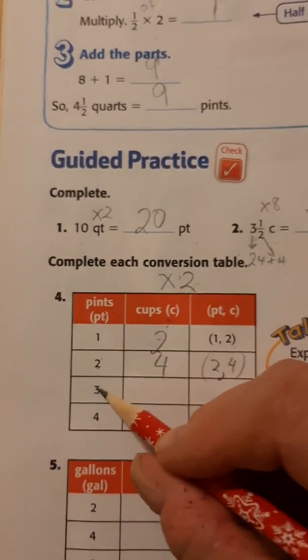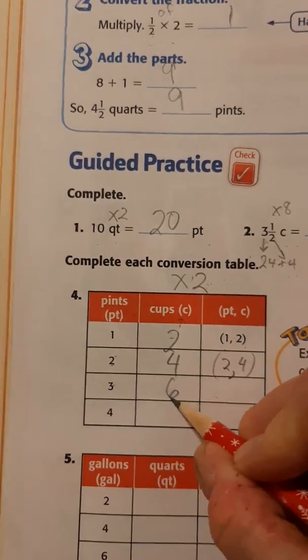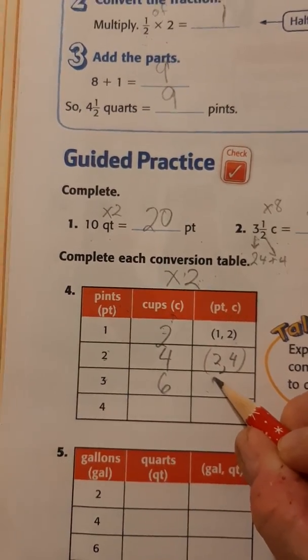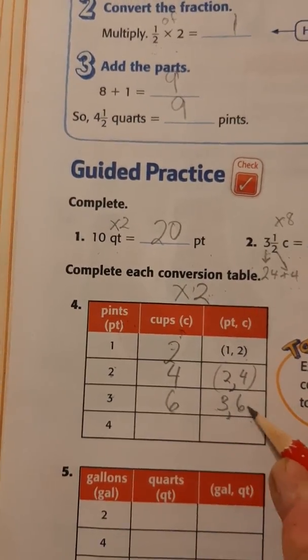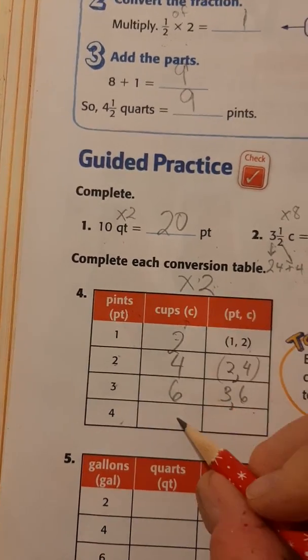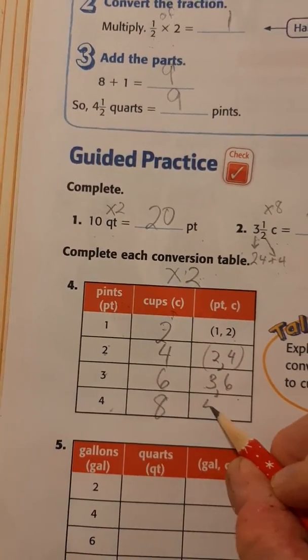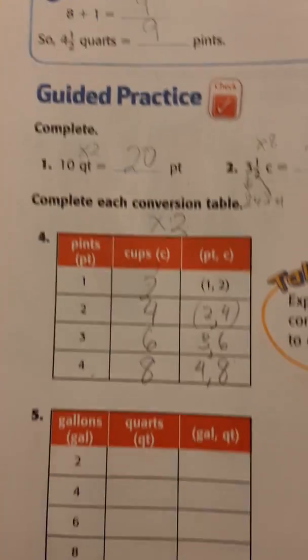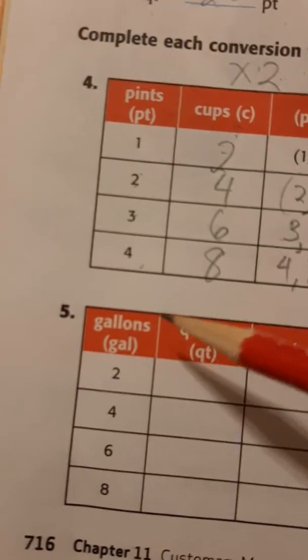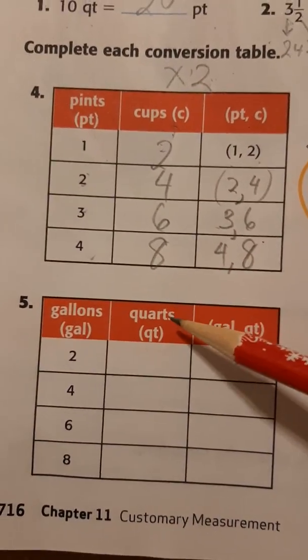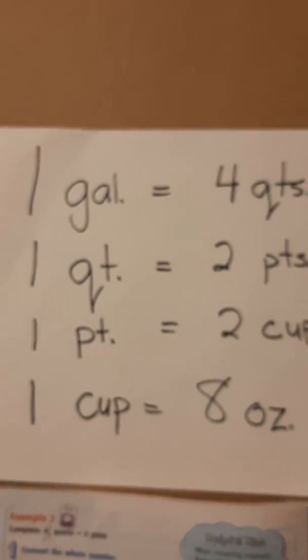Okay, if you finished it, remember 3 times 2 is 6. You're going to write 3 pints to 6 cups. 4 times 2 is 8. 4 and 8. Now let's take a look at the next chart. You're going to do gallons to quarts. So look at your chart here.